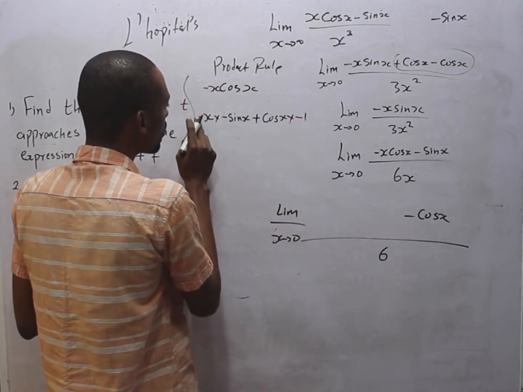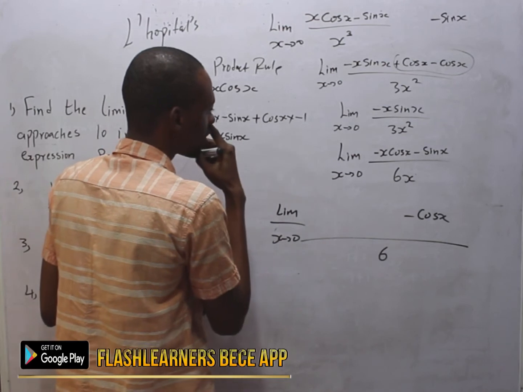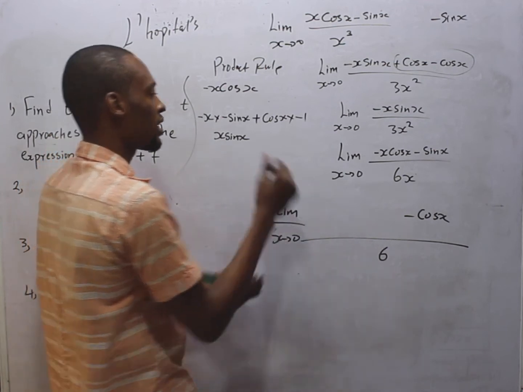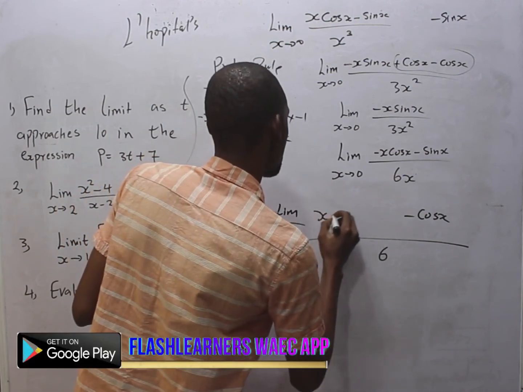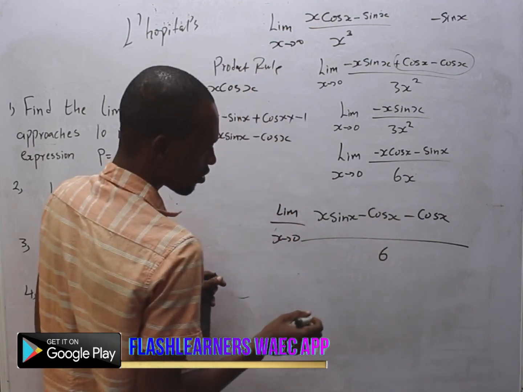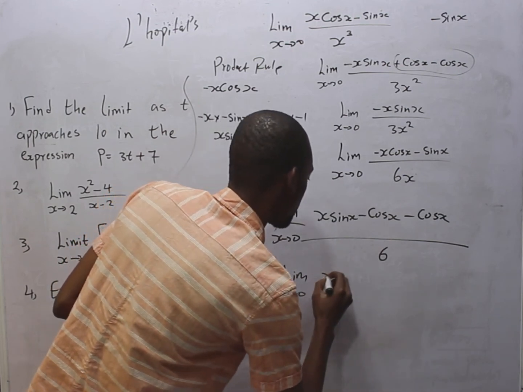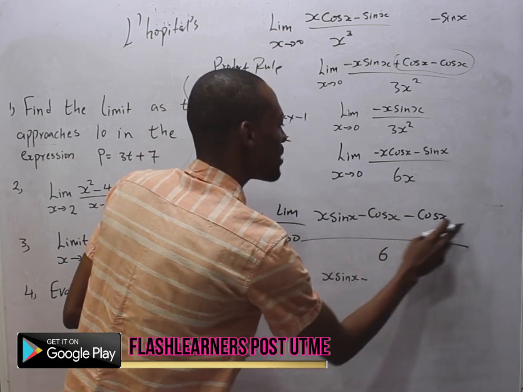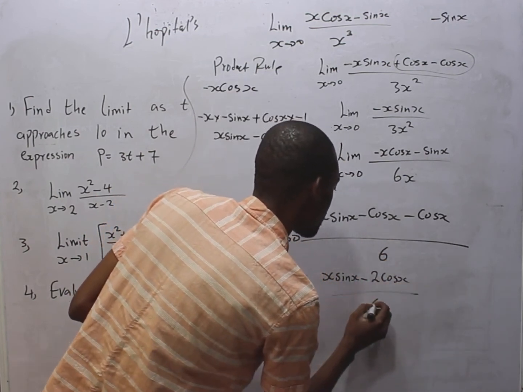So this becomes minus times minus is plus s sine s, and cos s times minus 1 is obviously minus cos s. So we simply have s sine s minus cos s. Okay, so this is limit as s tends to 0. s sine s minus cos s minus cos s is minus 2 cos s over 6.